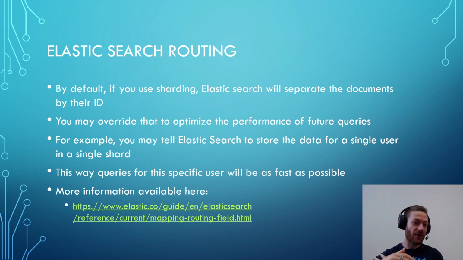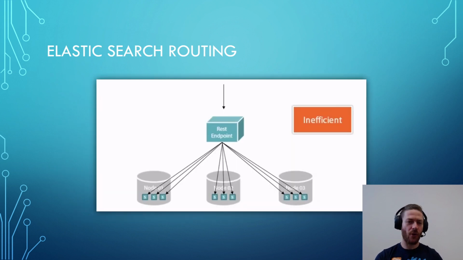This way all the queries for the specific user will be as fast as possible because the data will be on a single shard. So if you want to optimize Elasticsearch even further, you can turn on routing. It's not required by default, and I'm not saying that you need to do it for every single Elasticsearch instance, no.